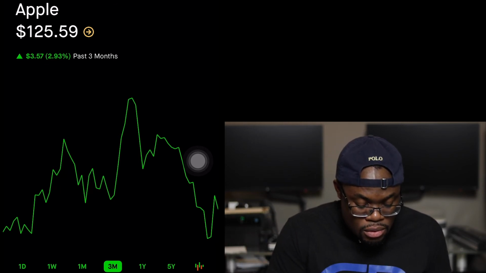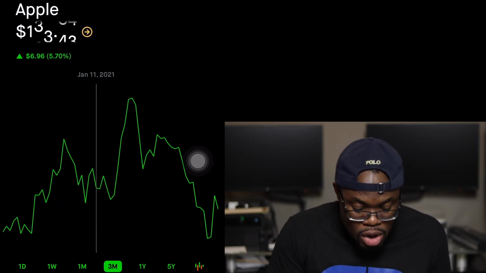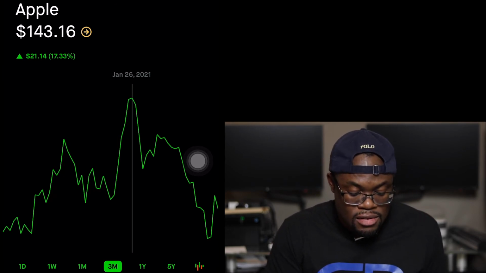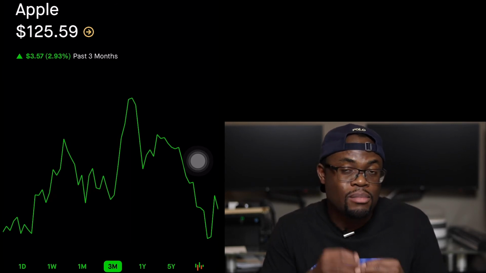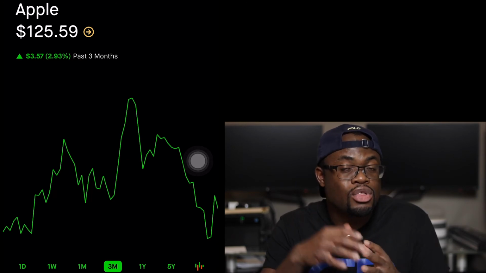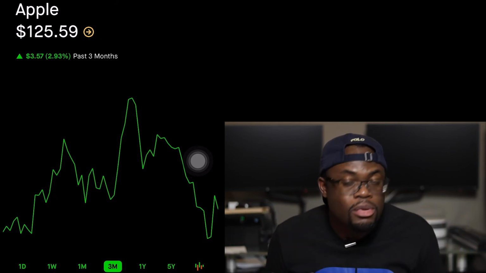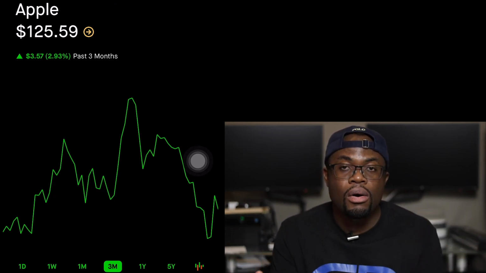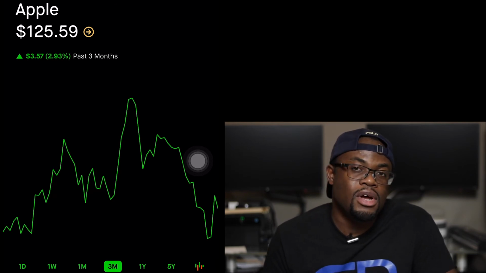So if according to Robinhood it took 2 months to get to this level, for my expiration date I'm going to add an extra month, so I'm going to make it 3 months ahead. That's how you can pinpoint it, because Robinhood does not have as much information as you can gather on TD Ameritrade to figure out what to do.